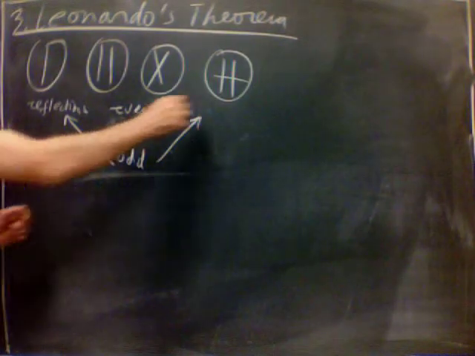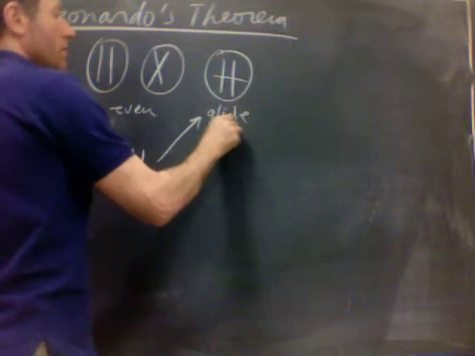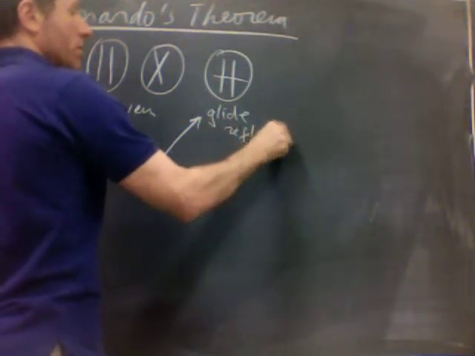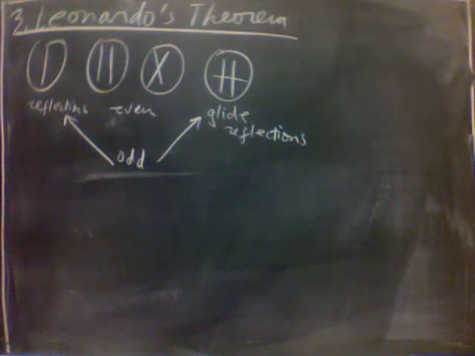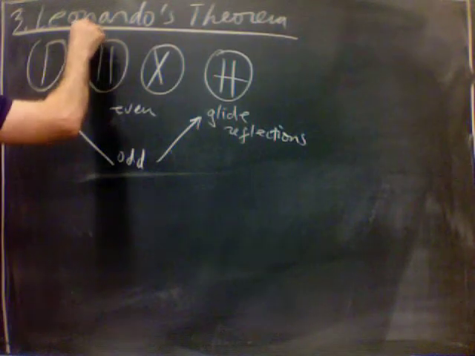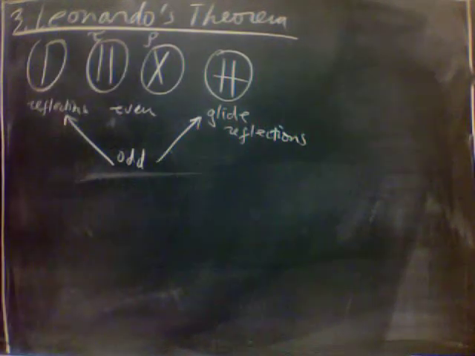So this is our complete classification of all isometries: translations, rotations. All right.